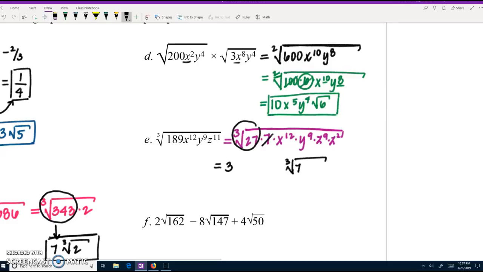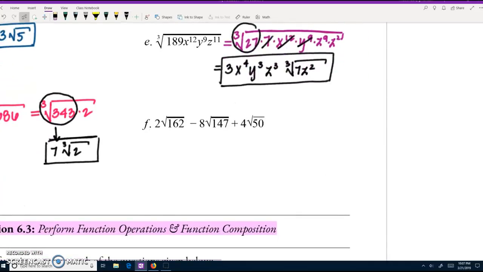X to the 12th, when I divide by the 3 out in front, will become x to the 4th. Y to the 9th will become y cubed. Z to the 9th will become z cubed. And then we'll have 1 z squared left back inside the cubic root. So I can box this one up. And that's as simplified as we can possibly get there.